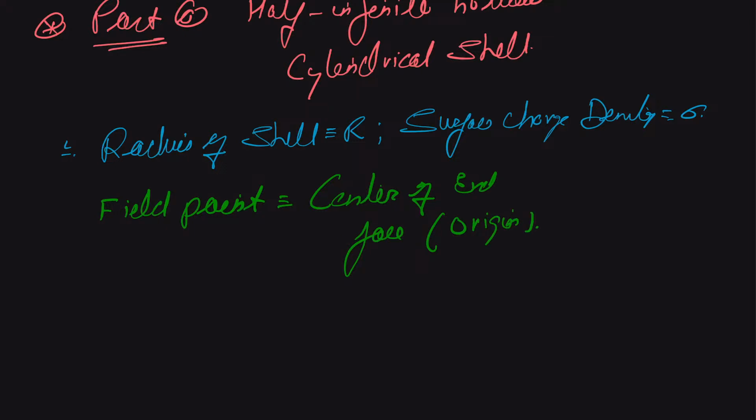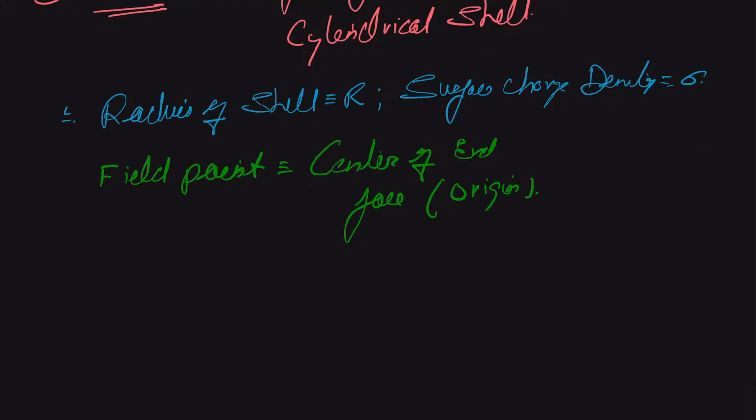And okay, so we can just draw this cylinder. Suppose this is our cylinder and this is semi-infinite, okay, and this is the center of the end face that will be lying at the origin.